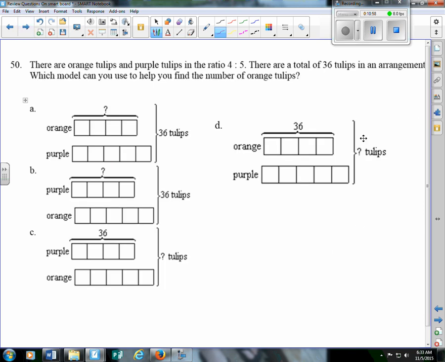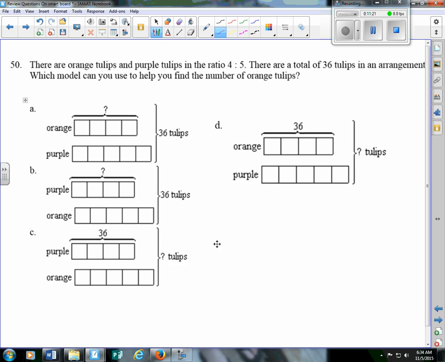Says there are orange tulips and purple tulips in a ratio of 4:5. There are a total of 36 tulips in an arrangement. Which model can you use to find the number of orange tulips? Okay, so we know 4:5. So this is 4:5. This is 4:5. Seems that every one of them is 4:5. But we know that there are 36 total.